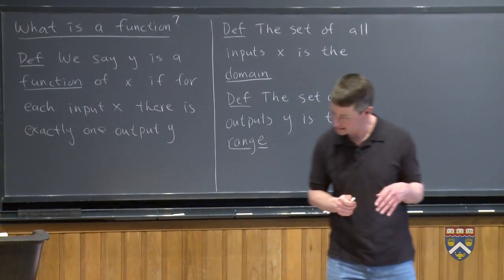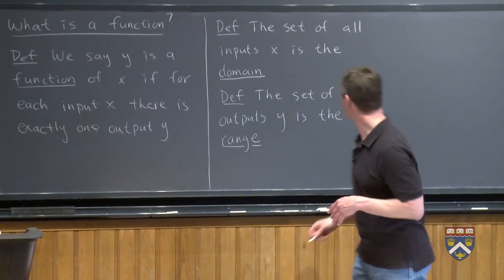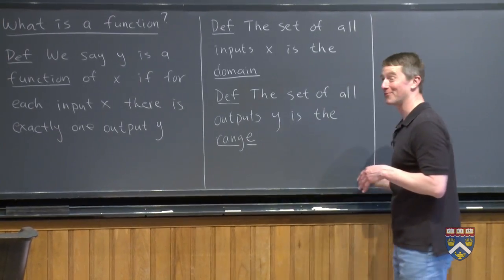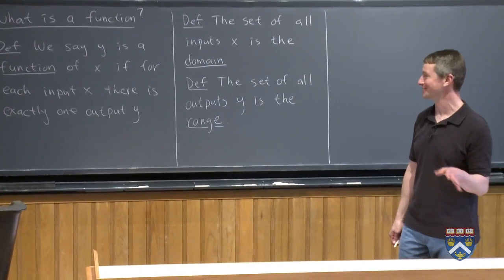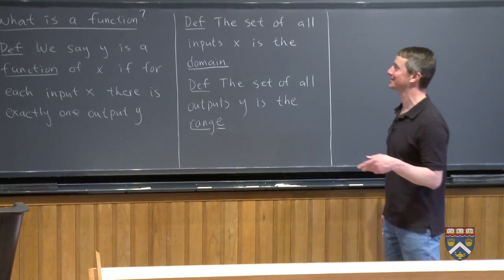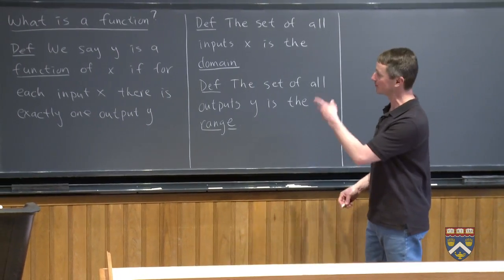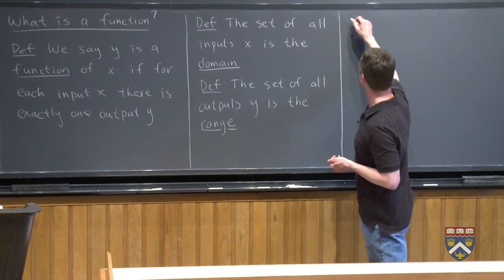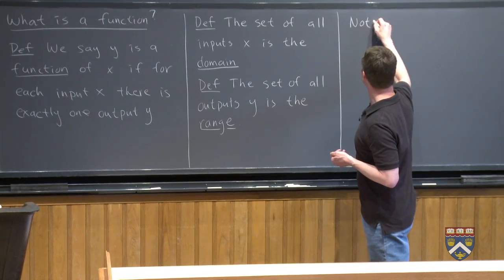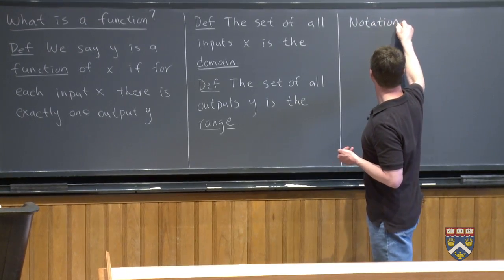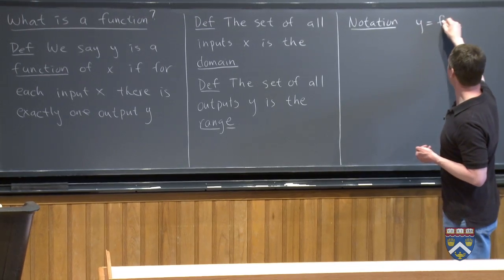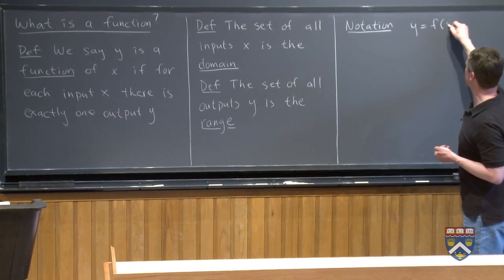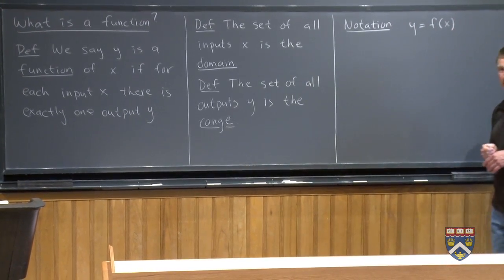And then the last thing we want to say about functions, well, not about functions entirely, you're not going to get off that easy. We have a lot of work to do with all the different types of functions, but about just what it means to be a function is that we have a very nice notation for functions that you'll notice we haven't used yet. And the notation for functions, we write y equals f, left parenthesis, x, right parenthesis.